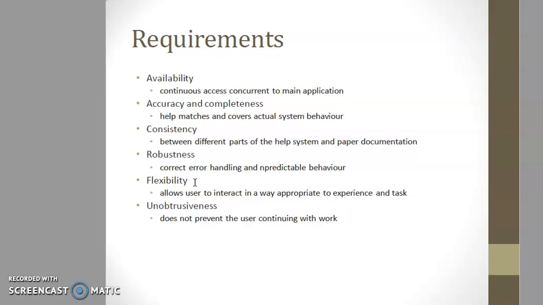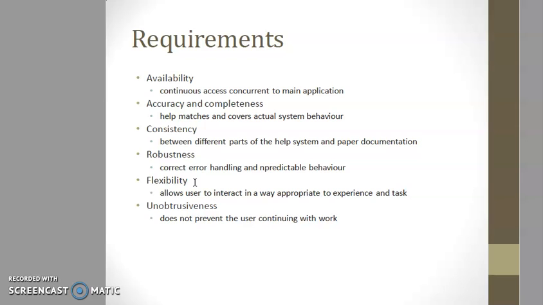Next is flexibility. Flexibility allows the user to interact in a way appropriate to experience and task.